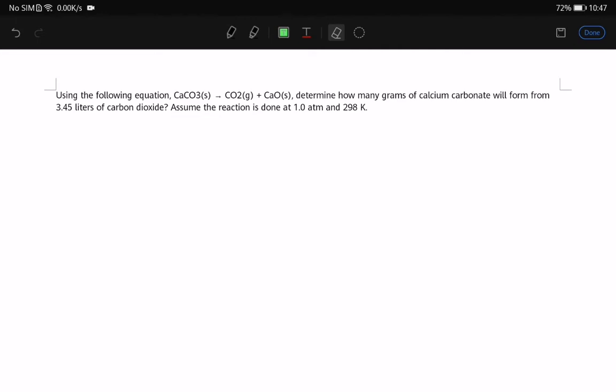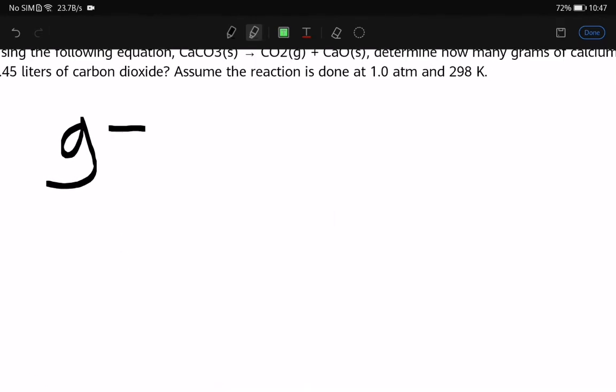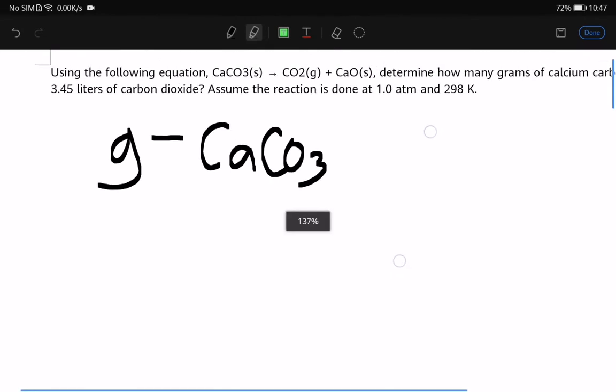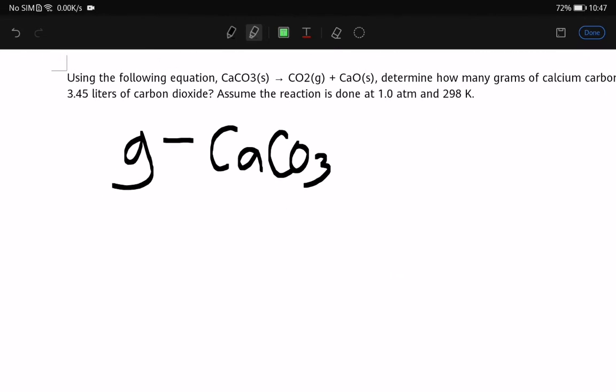So, ang hinahanap natin dito is yung grams ng calcium carbonate. Itong CaCO3. Yun yung hinahanap natin na value. At ang given sa atin is yung volume.